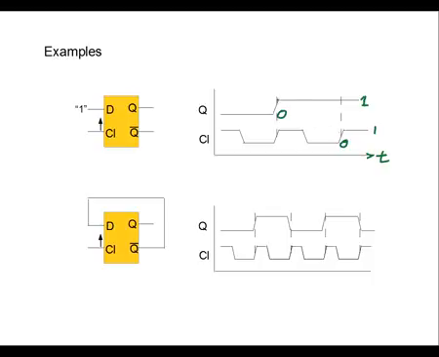So what happens here, if Q is initially 0? Nothing happens until we get a transition from low to high. At that transition, because D is 1, we will flip Q from 0 to 1.